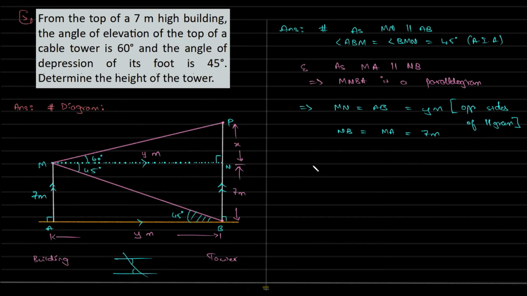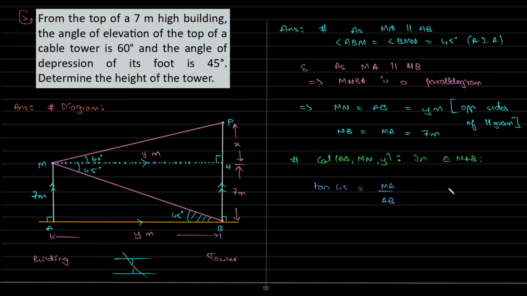Right? So with initial things done, all we can do is find AB. So calculating AB, and also similarly, by default MN, which is nothing but Y, right? In triangle MAB, what do we have? Tan of 45 degrees is equal to opposite MA by adjacent, Y. Or if you want to write it AB, you can start with that.